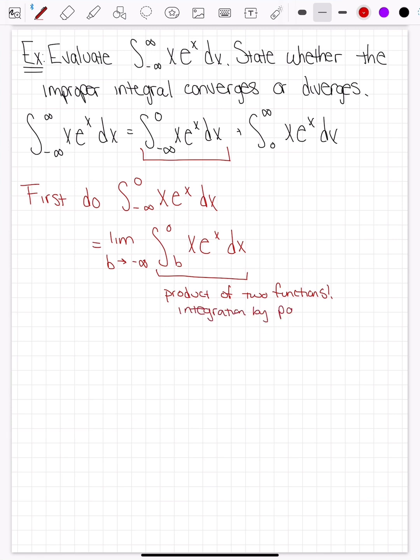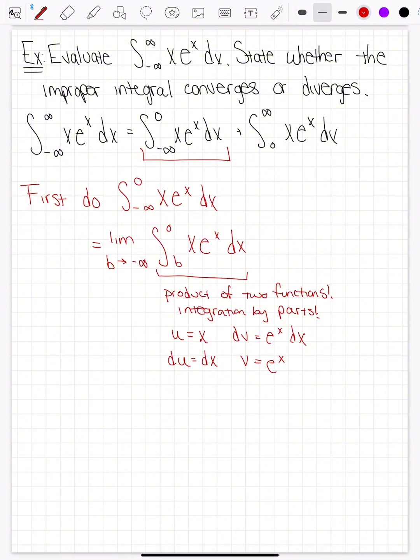We have to choose a u, and we use LIATE, so x, algebraic, comes before e, exponential. So we make u be x, and dv is just e to the x dx, so v is the integral of e to the x dx, which is also just e to the x. And the derivative of u, of x, is just 1 dx, or simply dx.